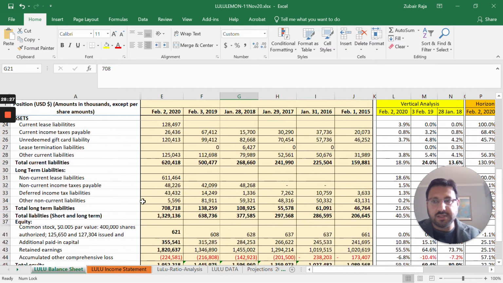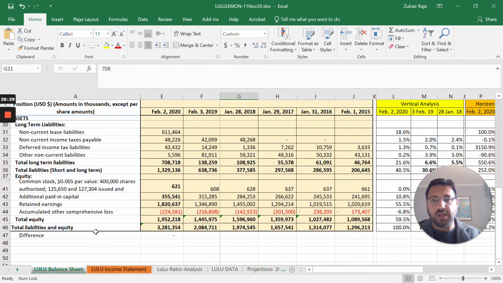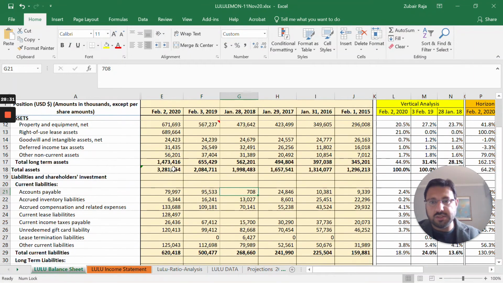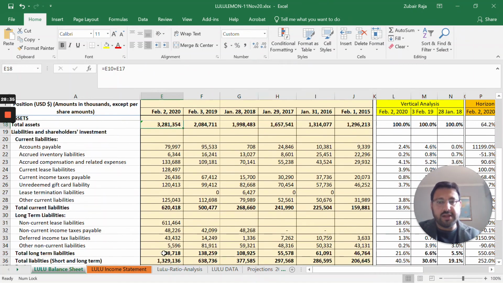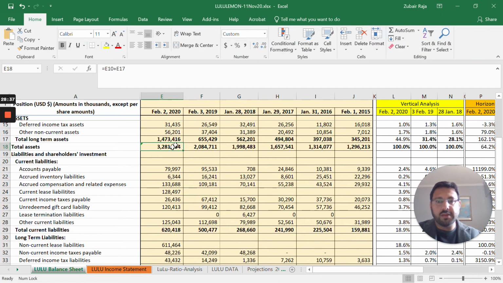Remember, total assets is the sum of total liabilities and total equity, which is the same thing here. So I'm dividing 708,718 by 3,281,354, and this is how, in the second version, I get the debt ratio of Lululemon.